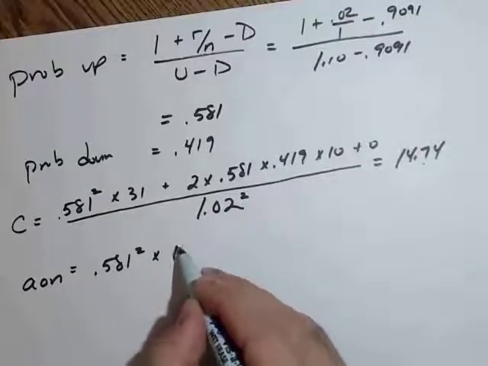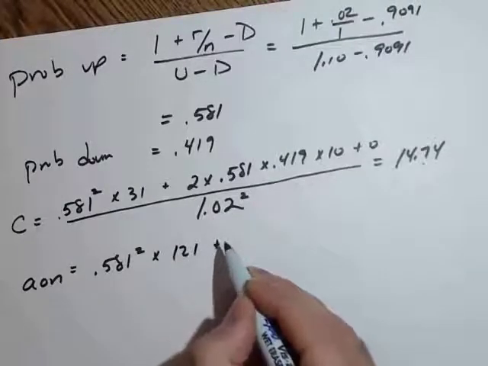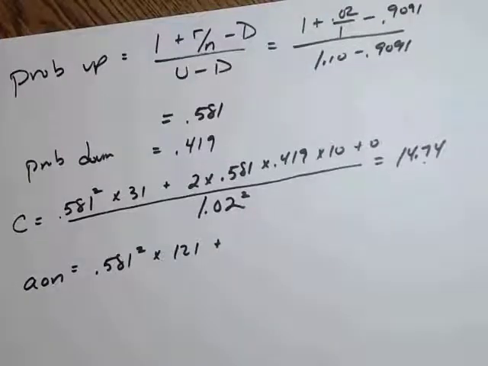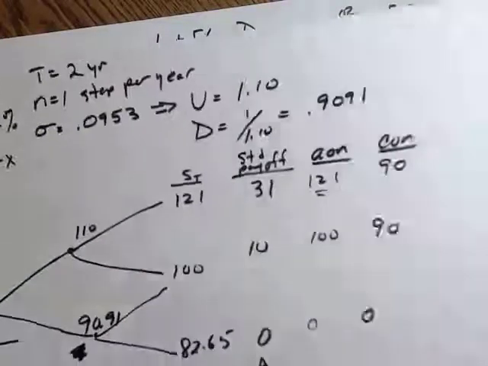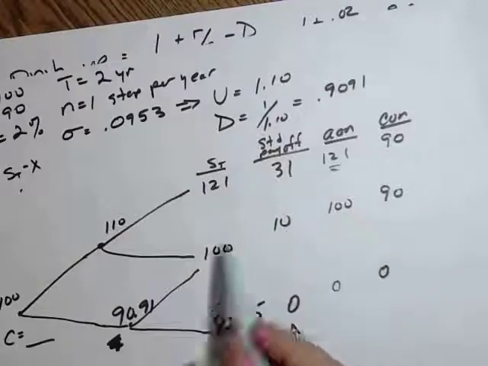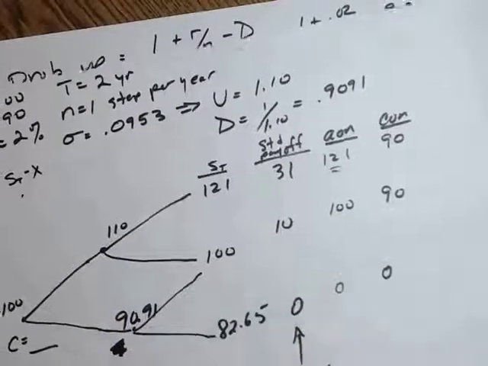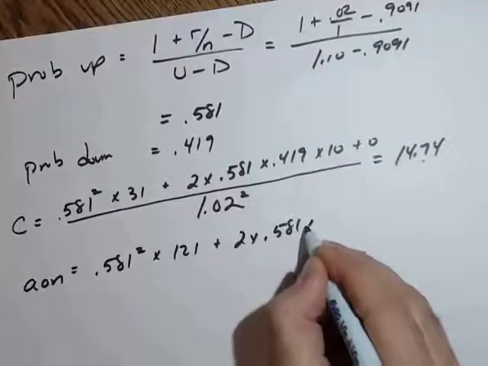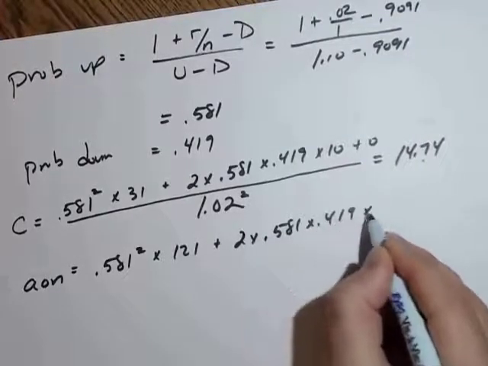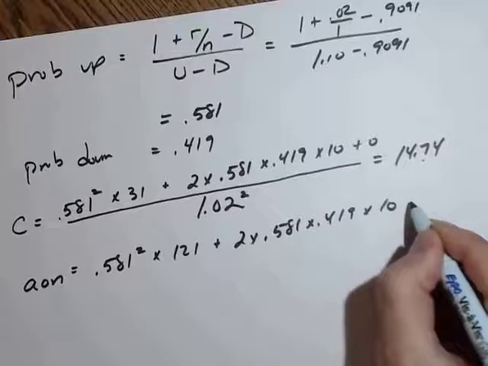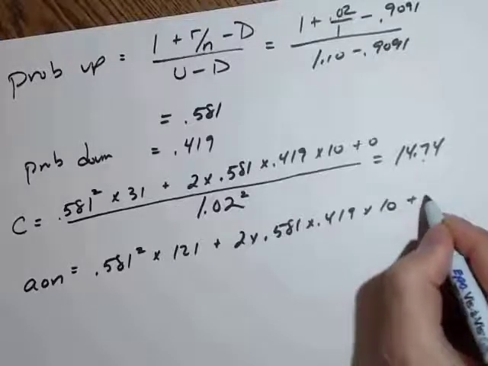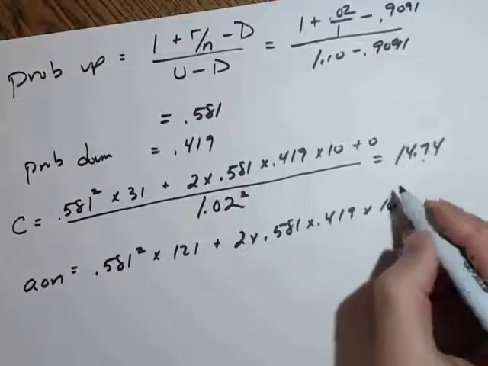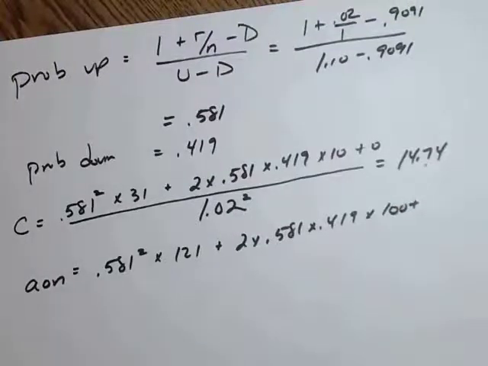And that payoff is times 121 plus, here there's going to be two ways to get to this 100. So 2 times 0.581 times 0.419 times the $100.